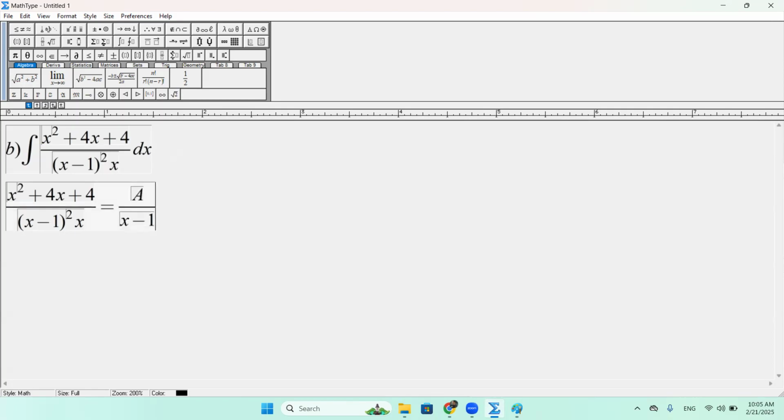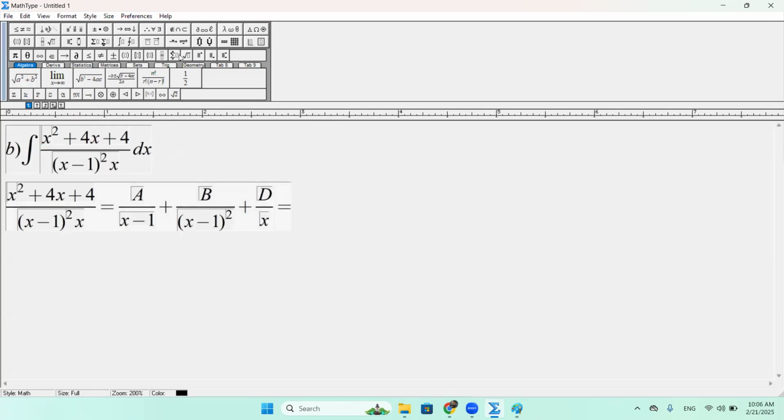Firstly I write the power of 1 and then the power of 2. If it was power of 3 here, I would also write plus c over x minus 1 in power of 3, but we have only power of 2.